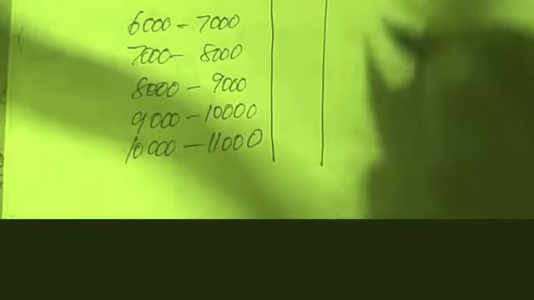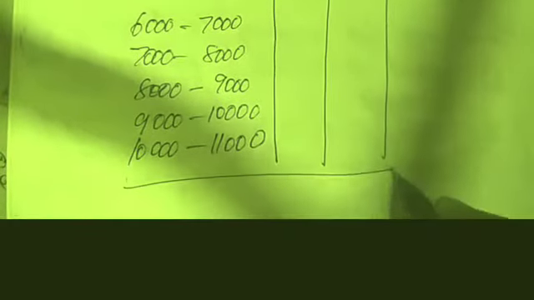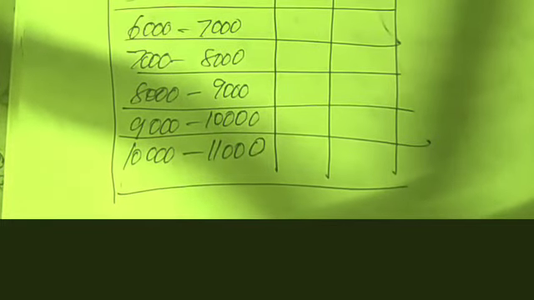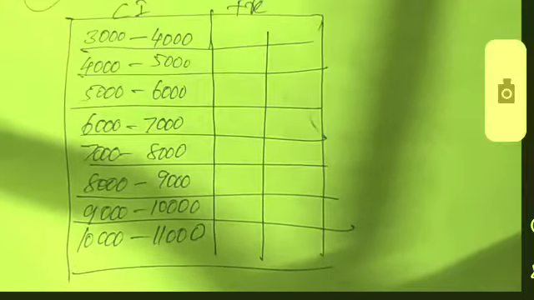Now we write the frequencies also, which are given in the table. Here we only find the mode, so we just write the class interval and frequency.